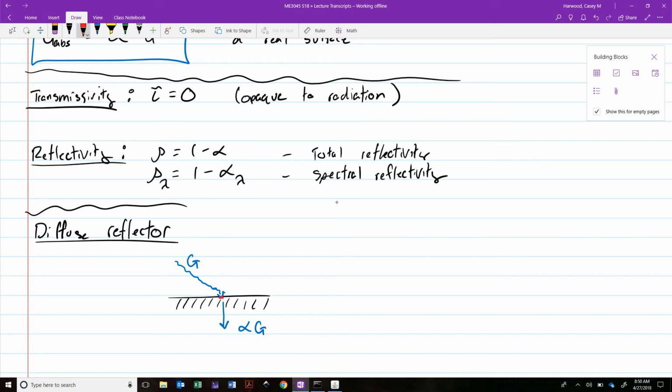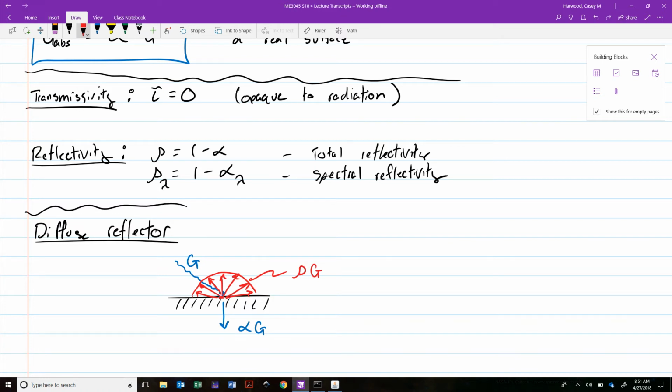But if we assume it's a diffuse reflector, then that reflected radiation is going to be scattered back in all directions. And so this would be rho G.